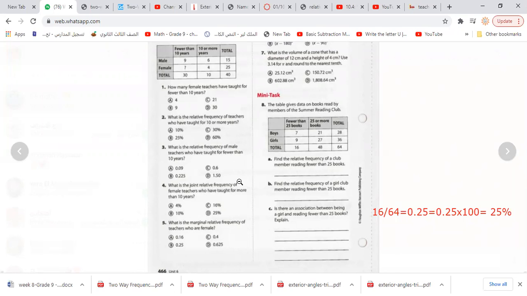Whoever, boy or girl, reading fewer than 25 books, the percentage was the same. So if the percent is the same, there is no association. But if the percents are different, then there is an association, according to which one is greater.